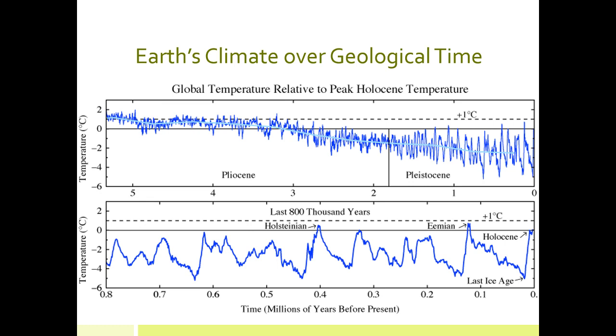Obviously, you can see this is just years before present. So we're looking at 0.1 million to 0.2 million, so 300,000, 400,000, all the way up. And all of this bottom graph occurs right in this area here, okay? And this is a longer scale. So we're looking back 5.5 million years.